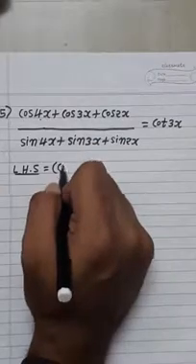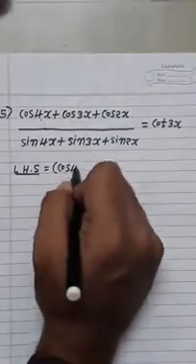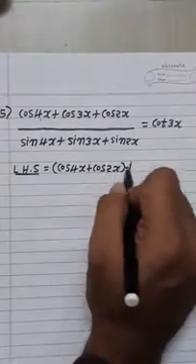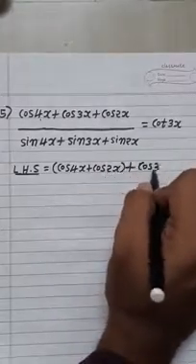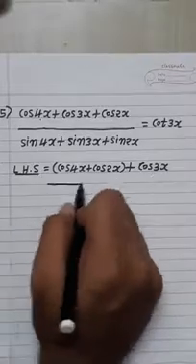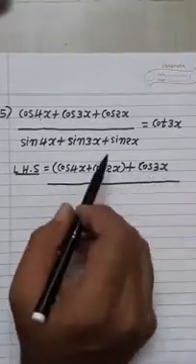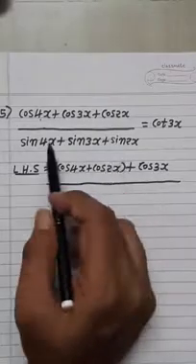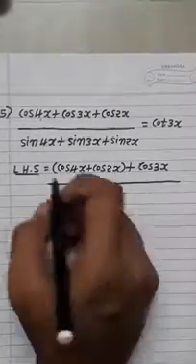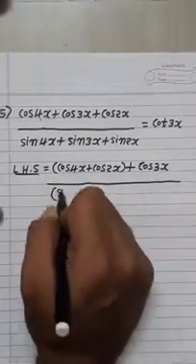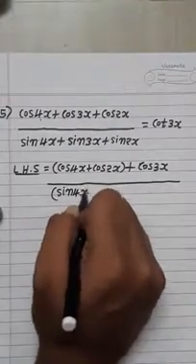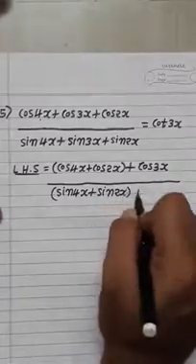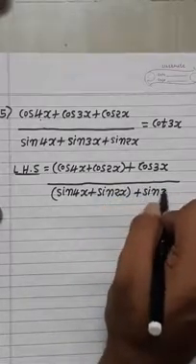positions. So arrange these terms: cos 4x plus cos 2x plus cos 3x upon, applying the same method in the denominator, the 3x term written last and the first and third terms written in the first and second positions, so sin 4x plus sin 2x plus sin 3x.